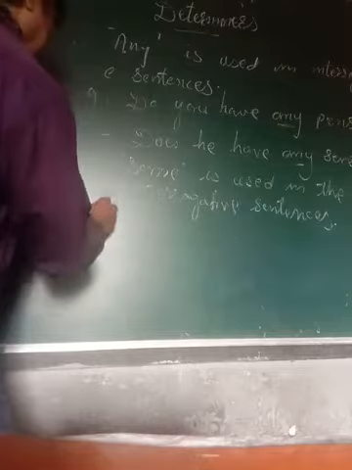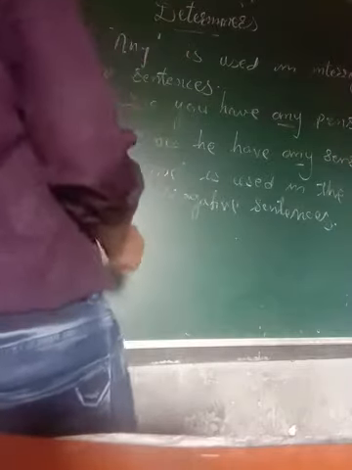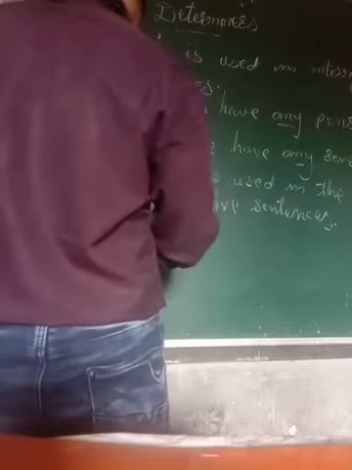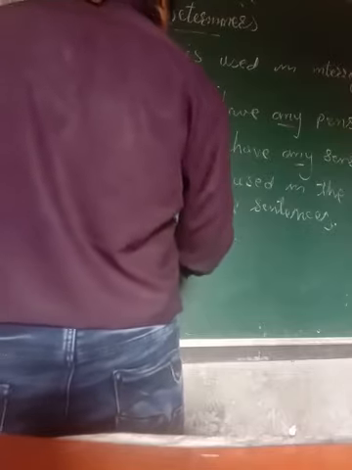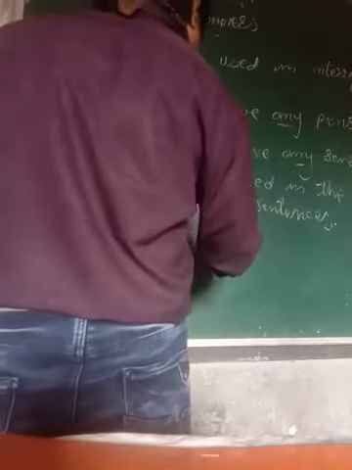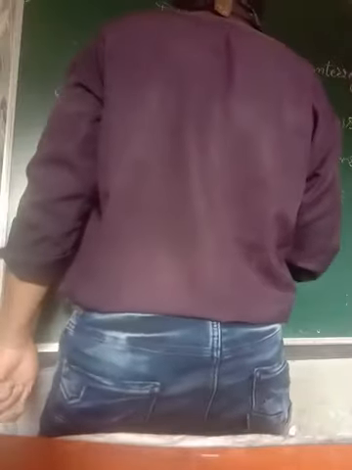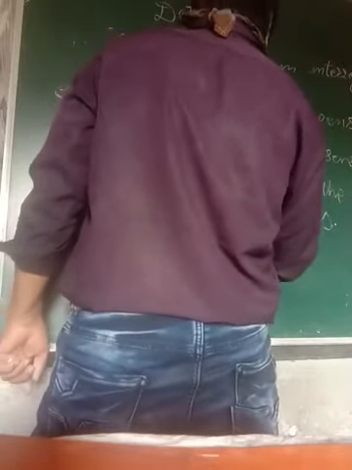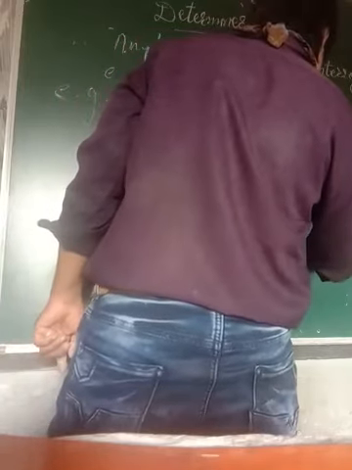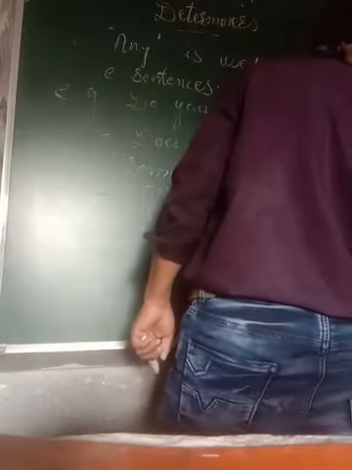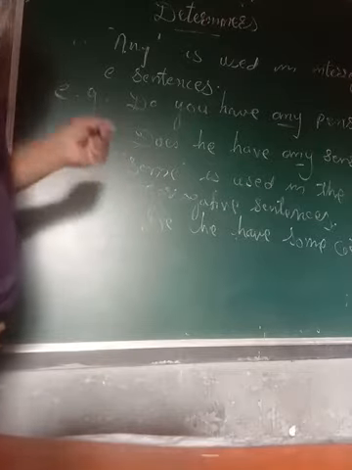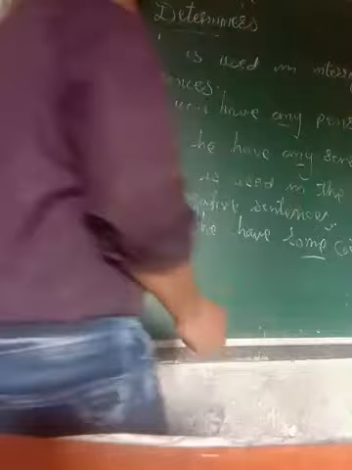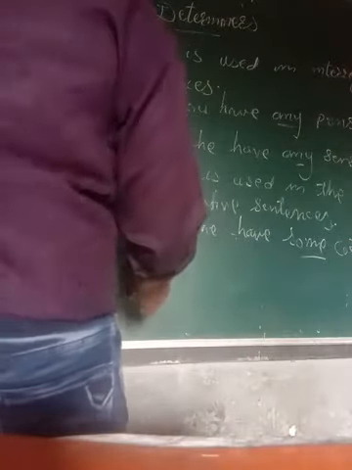For example, I am giving you, did he have some coffee? Look here now. Did he have some coffee? Here actually this is the interrogative sentence and some is used here as a determiner before the noun coffee. Okay, so that way.